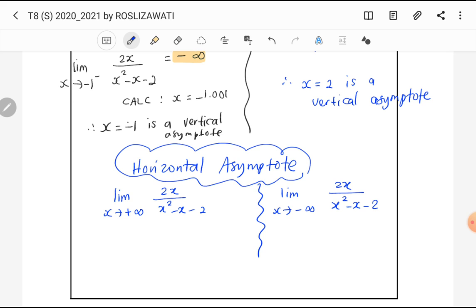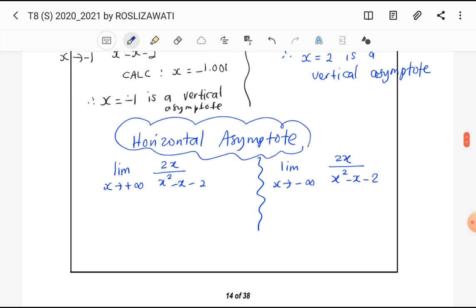Okay, kalau awak dapat dua jawapan yang sama, meaning that ada satu je lah horizontal asymptote. Tapi kalau awak dapat two different numbers, meaning dia ada two horizontal asymptotes. Okay, so for this case, we try to substitute positive infinity directly and we will get infinity over infinity.